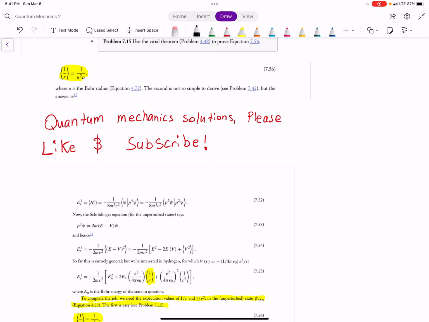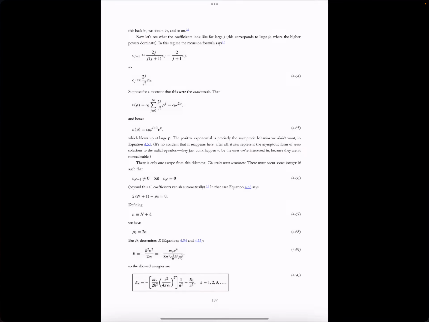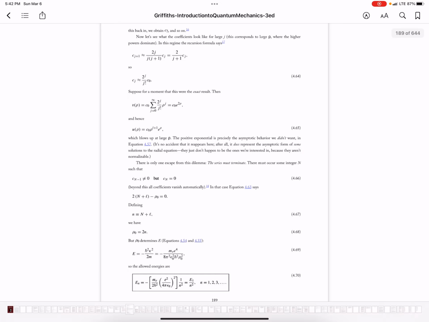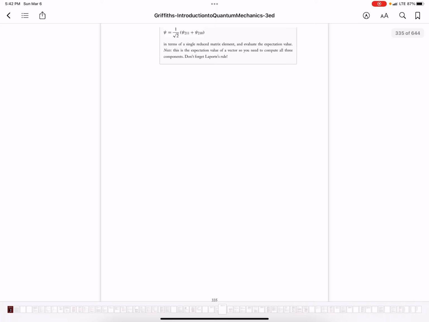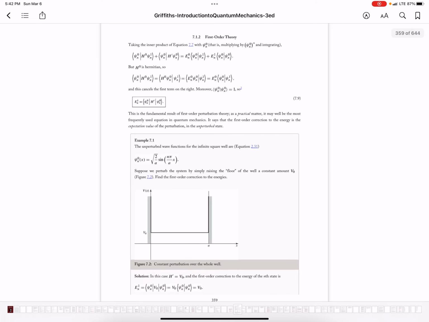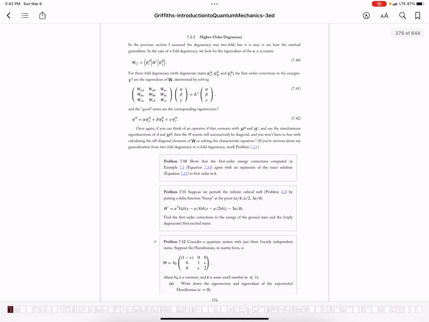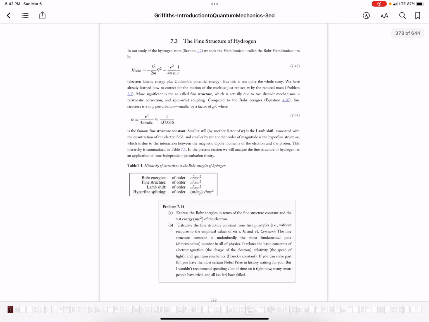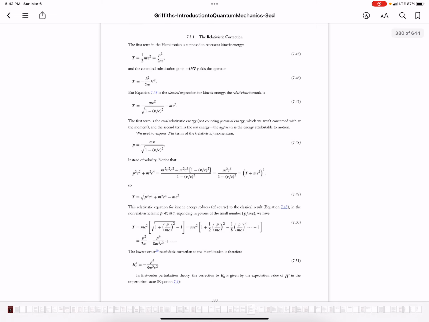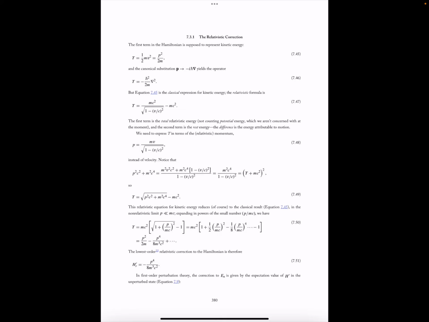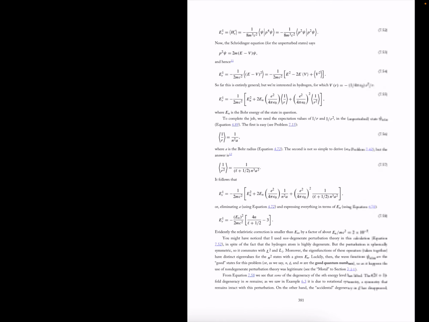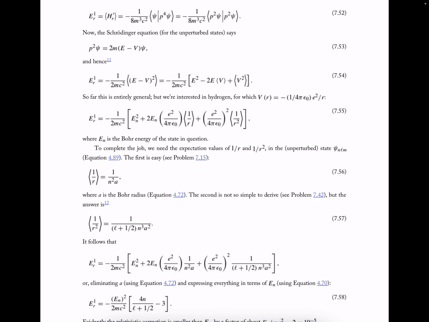A little bit of motivation behind this. This is chapter 4. If we go to the chapter in interest over here, the relativistic correction. Essentially what we're doing is we're using our relativistic equations for energy and momentum and trying to find an energy correction.